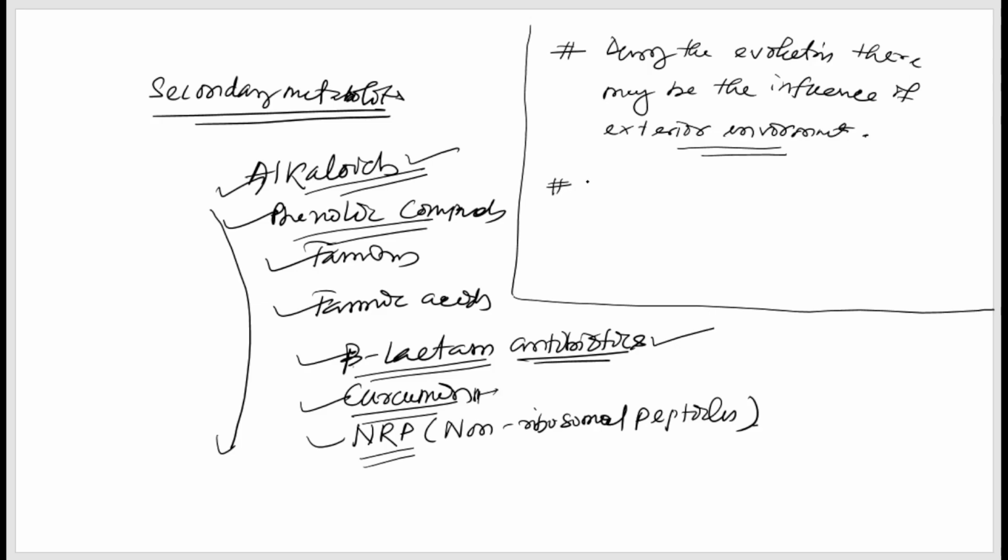Second thing, in case of microbes, there may be gene transfer, because when we say there is a diversity of life forms, they all have different types of secondary and primary metabolic pathways.